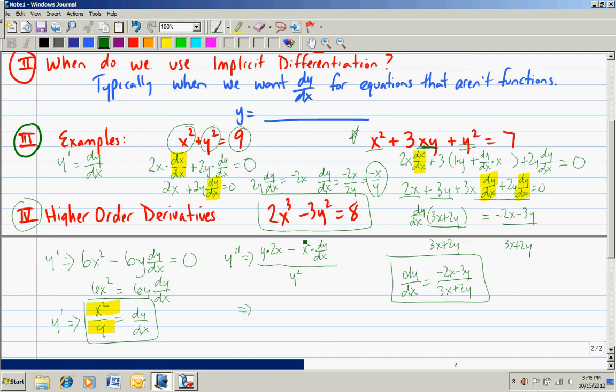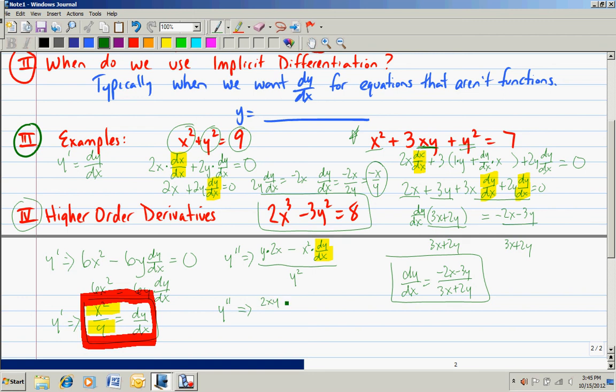Now you might think you're finished, but at this point we are almost finished. We have dy/dx inside of this solution, which we're calling the second derivative. And I can't leave dy/dx in there. I know what dy/dx is. dy/dx was found in the previous derivative.